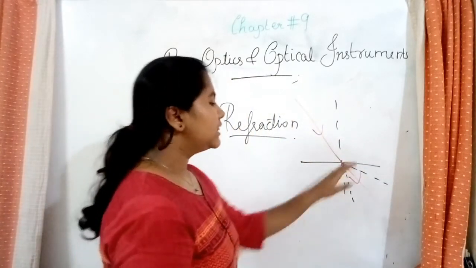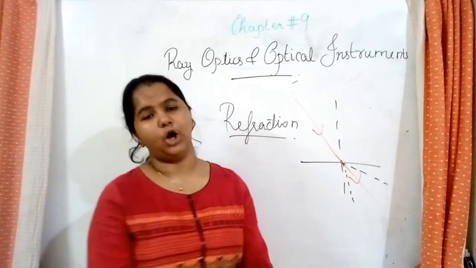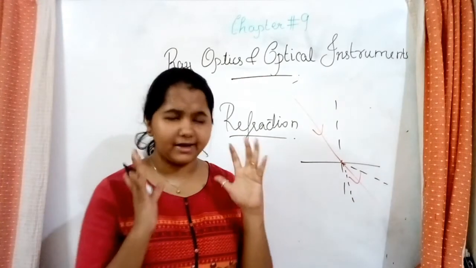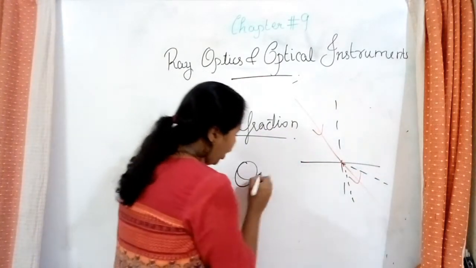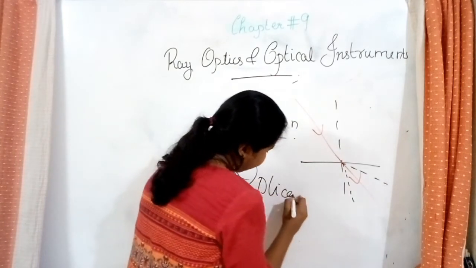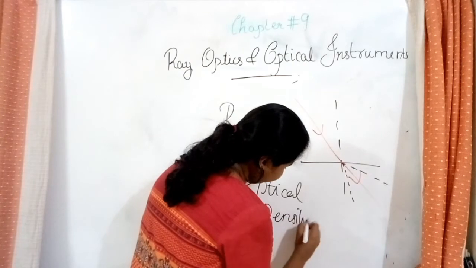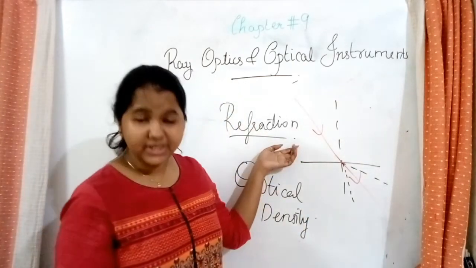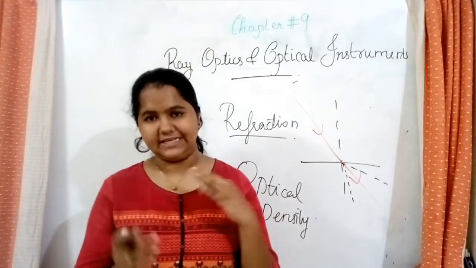This movement of either moving towards the normal or away from the normal is dependent on a quantity known as optical density. So the angle of refraction depends on optical density.